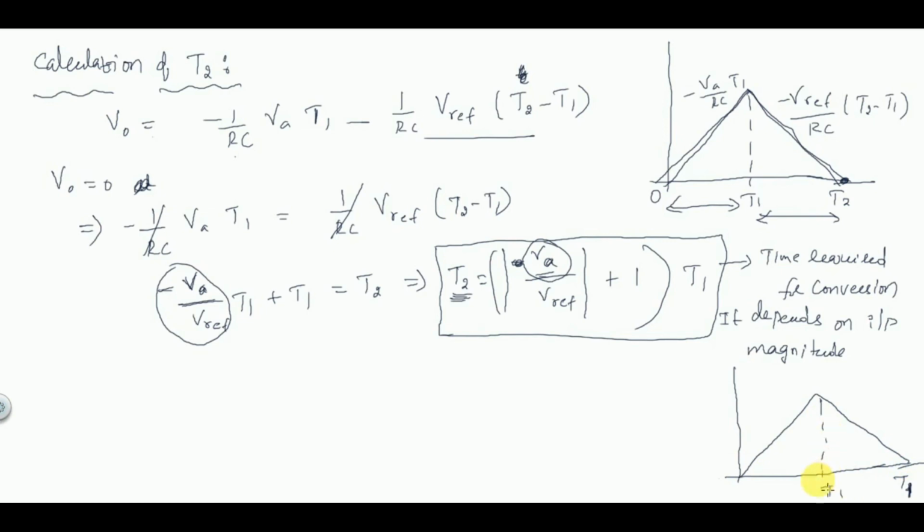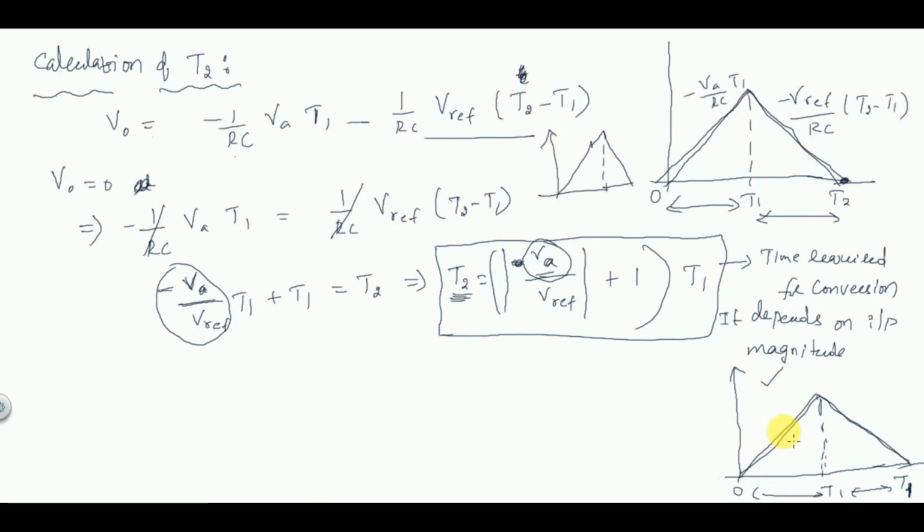This is T1 from 0 to T1, and after another T1, if charging and discharging have the same value, then it is the maximum time required for conversion. When you have unequal values, the conversion time will be lesser compared to this case.